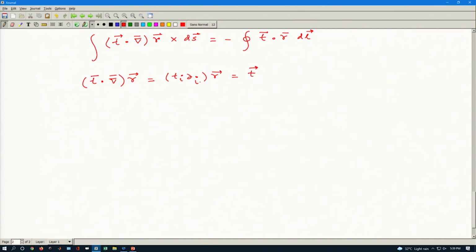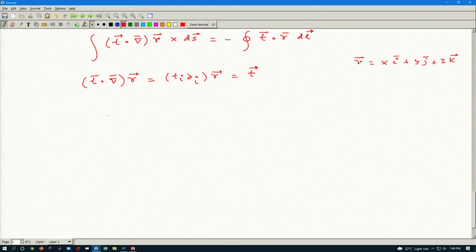So, it should be T_x d/dx plus T_y d/dy plus T_z d/dz, the operator of partial derivatives with respect to x, y and z, and then I am going to operate over the r vector. So, r vector in Cartesian coordinate system is simply x i plus y j plus z k. So, it simply gives me t.